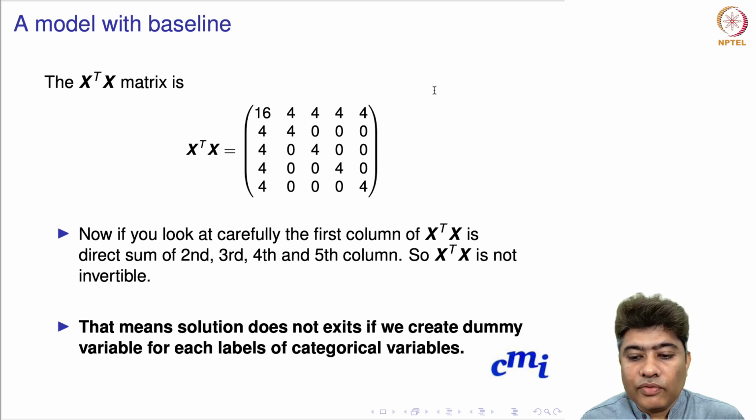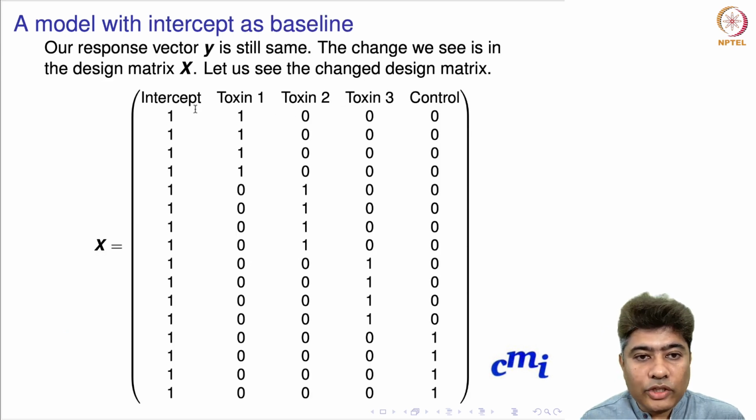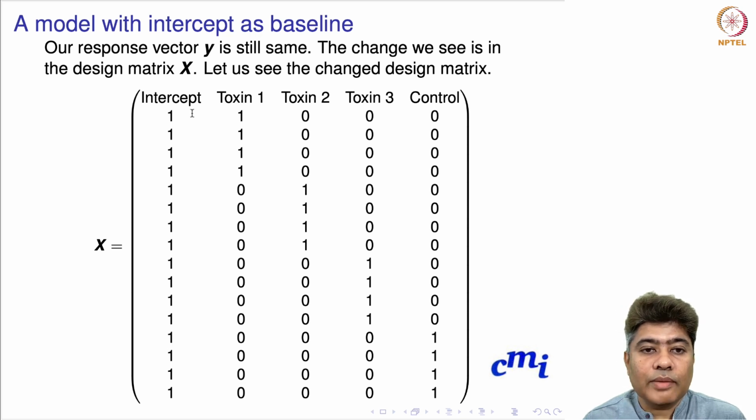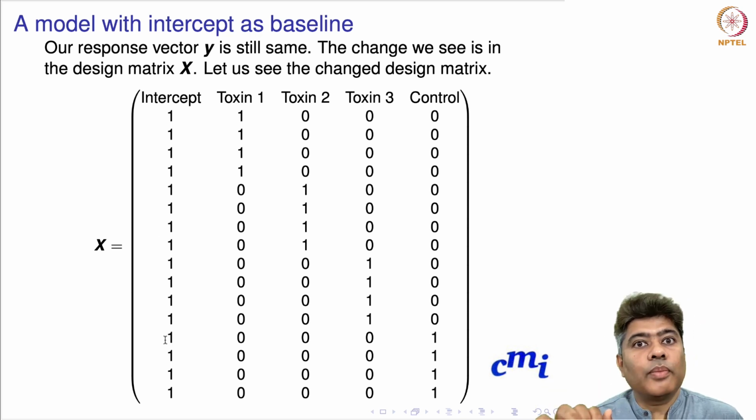If you look carefully, the first column is essentially the sum of the four columns. If you add the columns toxin 1, toxin 2, toxin 3 and control, you will get the intercept column. That is the problem.